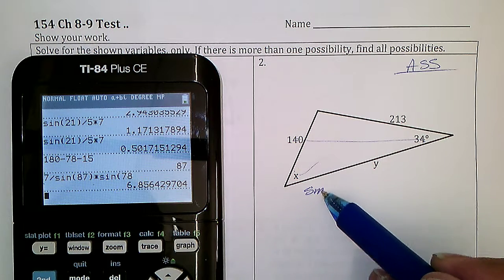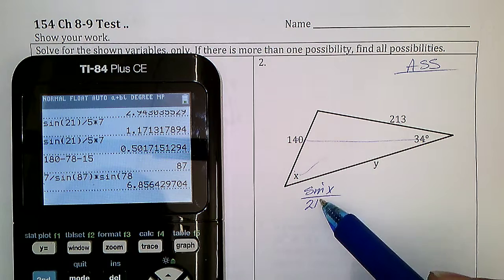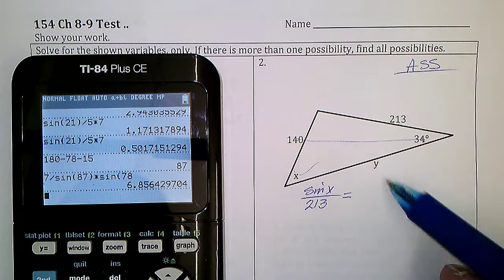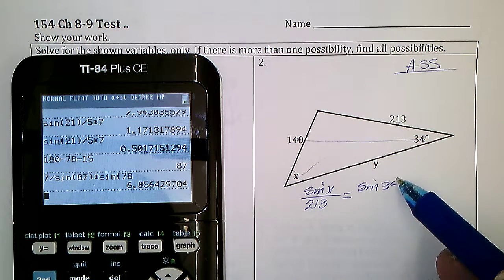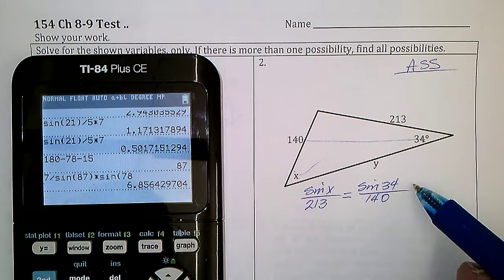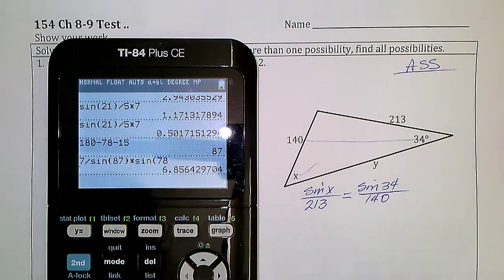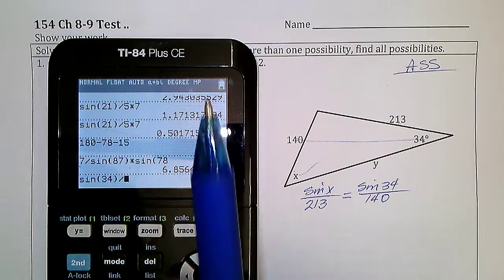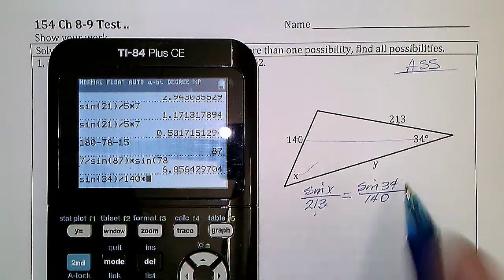So sine of x over the side opposite equals the sine of any other angle over the side opposite. And that would make it sine 34 divided by 140 times 213.